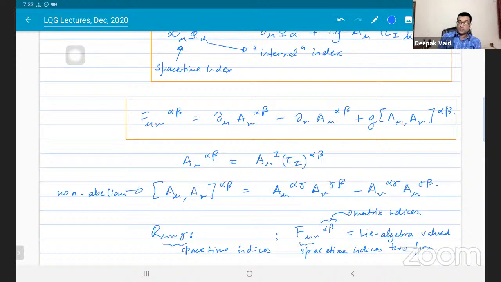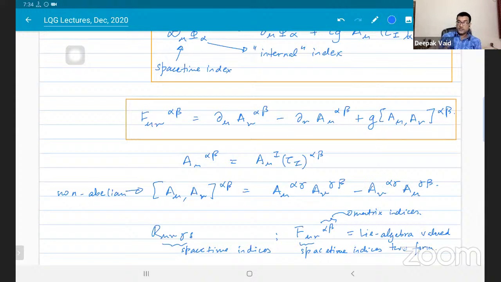So you have heard of Yang-Mills theory. In Yang-Mills theory, this is exactly the curvature tensor that you use. The gauge field that you use depends on the gauge group. You can have Yang-Mills for SU2, you can have Yang-Mills for SU3, or any Lie group. What we will be doing is we will be looking at the gauge group SL2C.